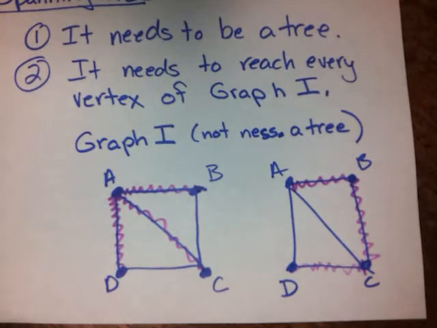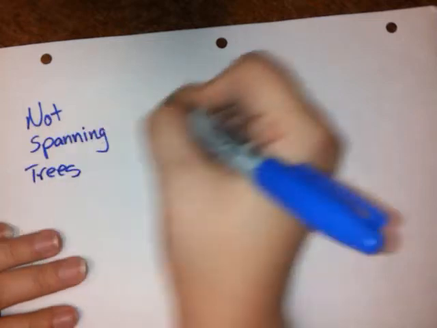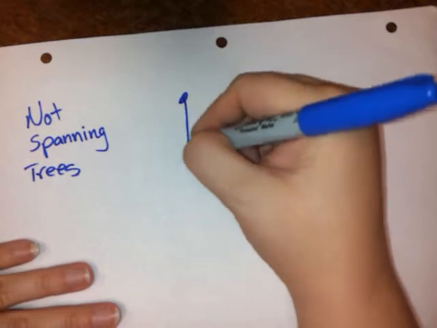Just like we did when we talked about actual trees, though, I'm going to go back now and show you what are not spanning trees. Okay, so let's draw graph 1, another copy of it. Here are some things that are not spanning trees. Okay, here's my graph 1 again, exact same graph.